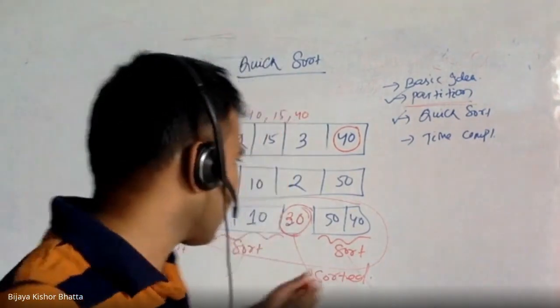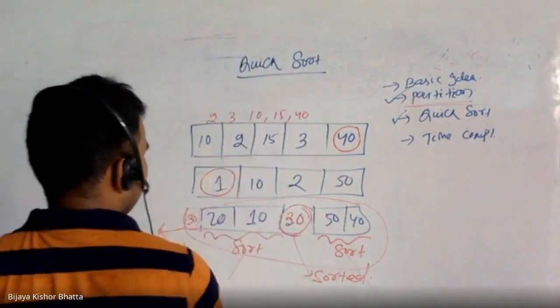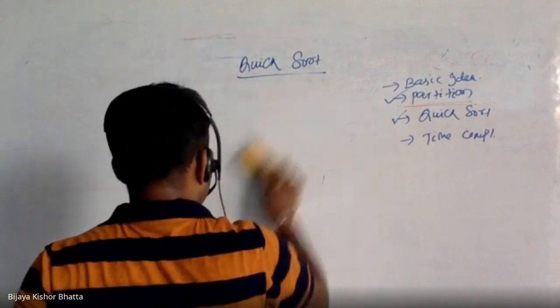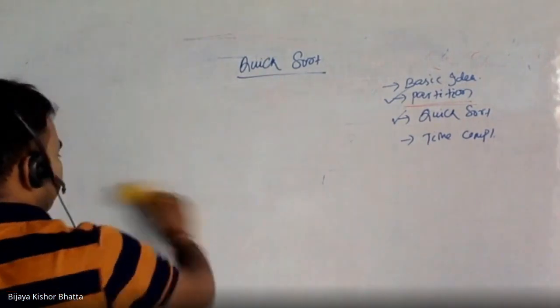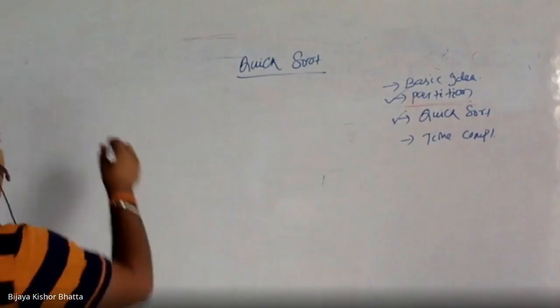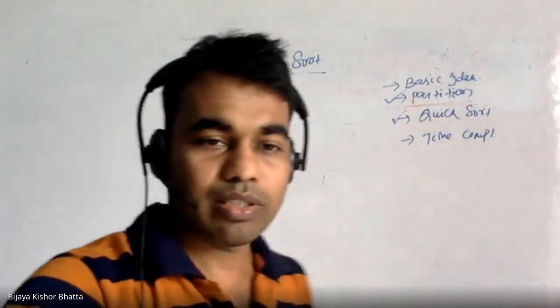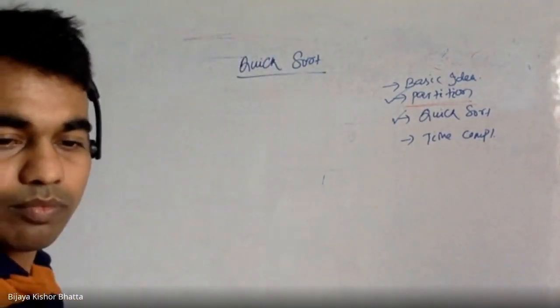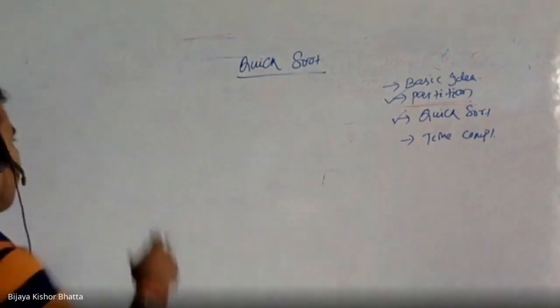So let's take an example and understand how exactly this partitioning will work. Let me take an array.